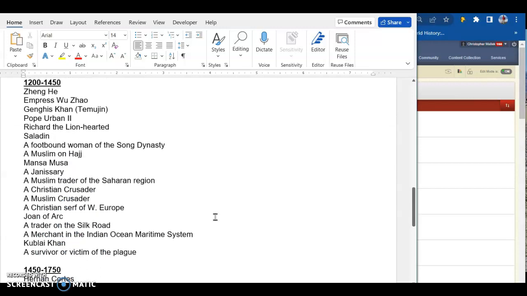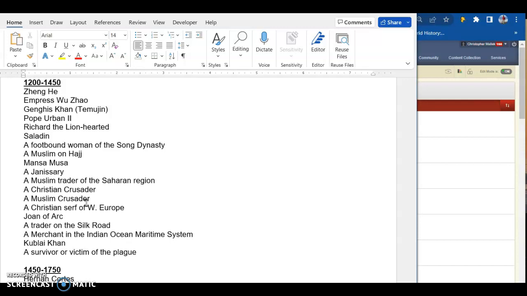Now, the list contains some major, exact, specific people, but you notice I also put some generals. A janissary, represent what that person would be like. A Christian crusader or a Muslim crusader, represent what they would be like in their time period, in their context. Okay, and again, the thumb is going to be the figure, and I'll show you some more of this stuff tomorrow. Just want to get you thinking about it today and get you moving.